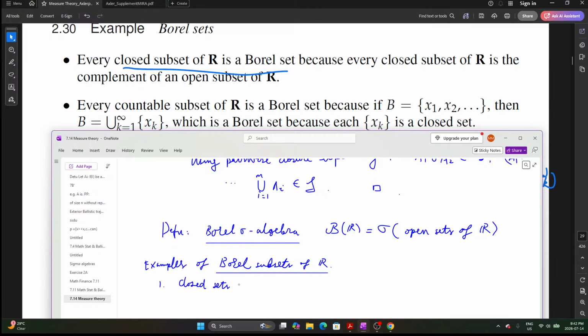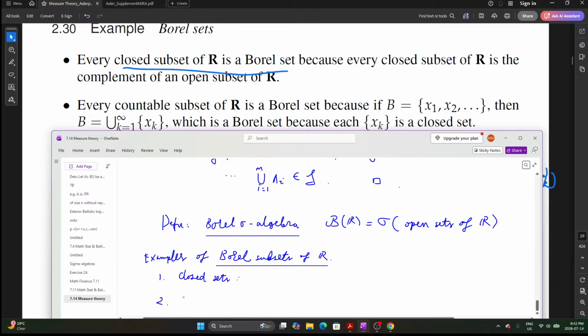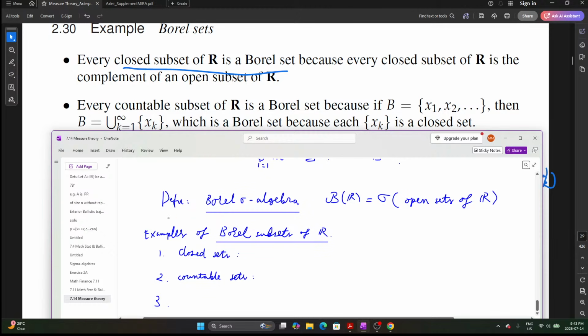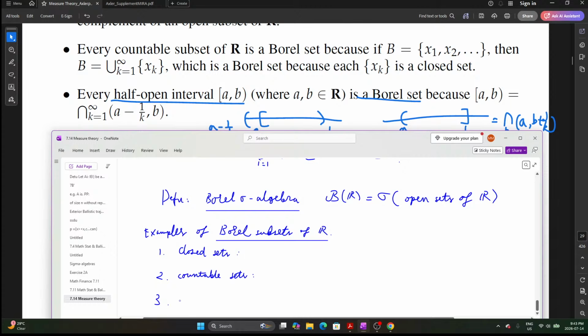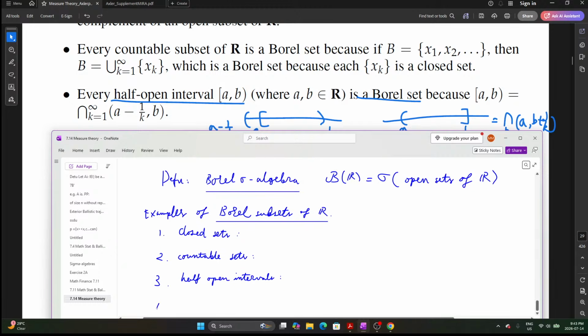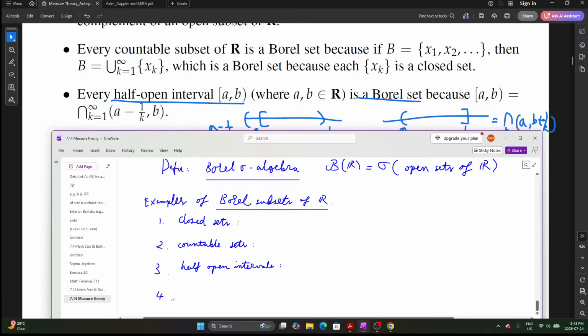So one is closed sets, two is countable sets, three is half open intervals, and four is perhaps more interesting.